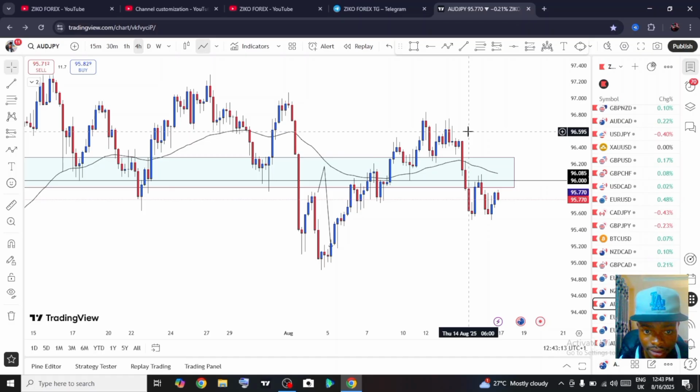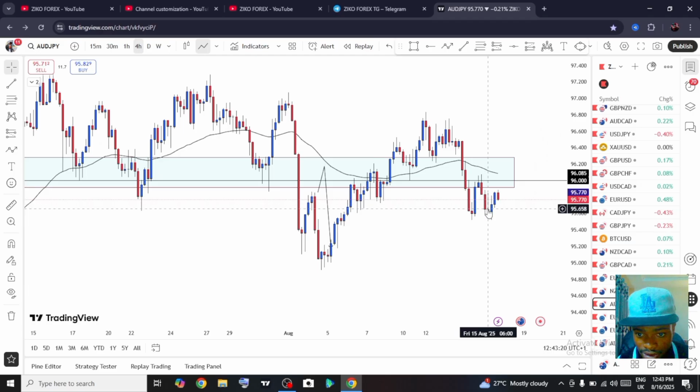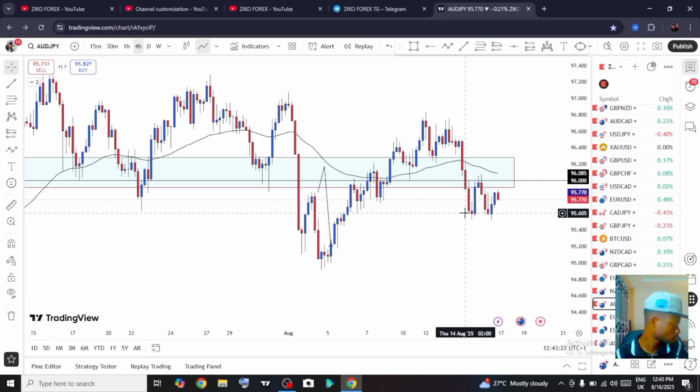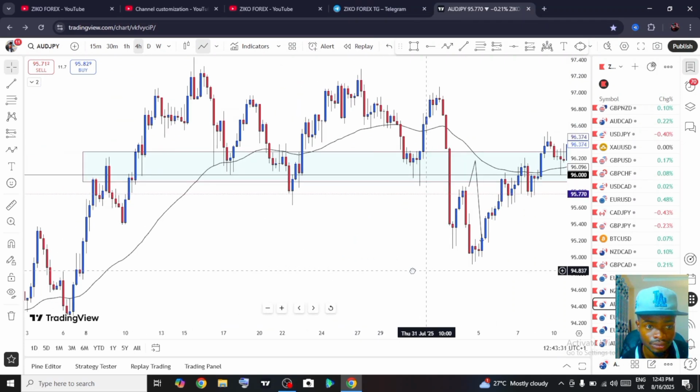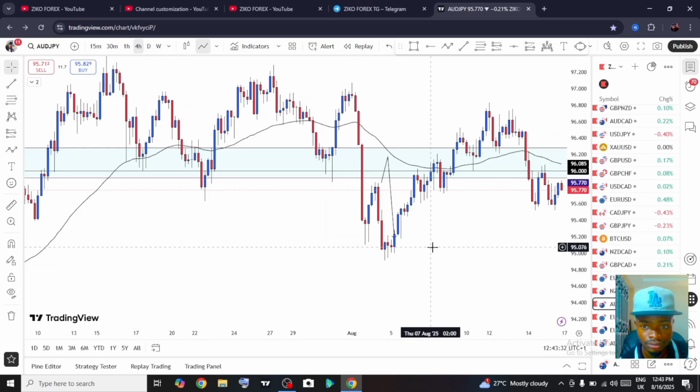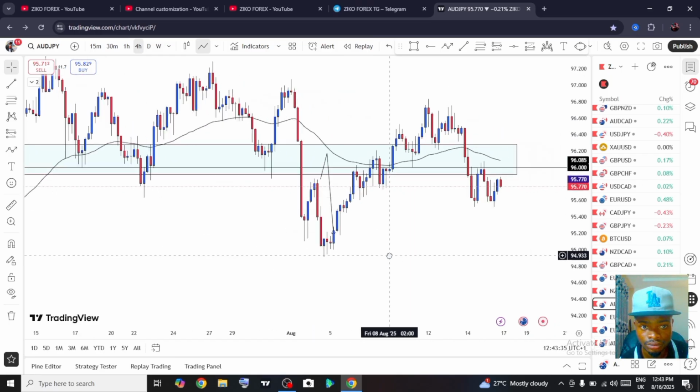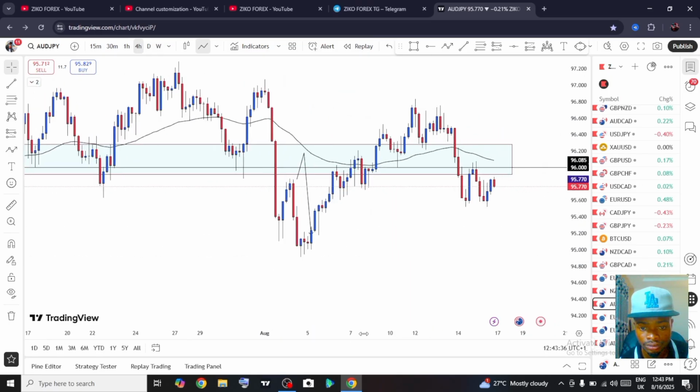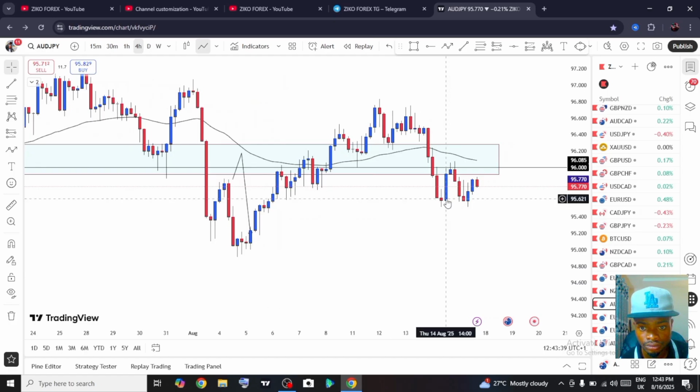So clearly it looks like price switched bearish here and had a retracement for us to sell.